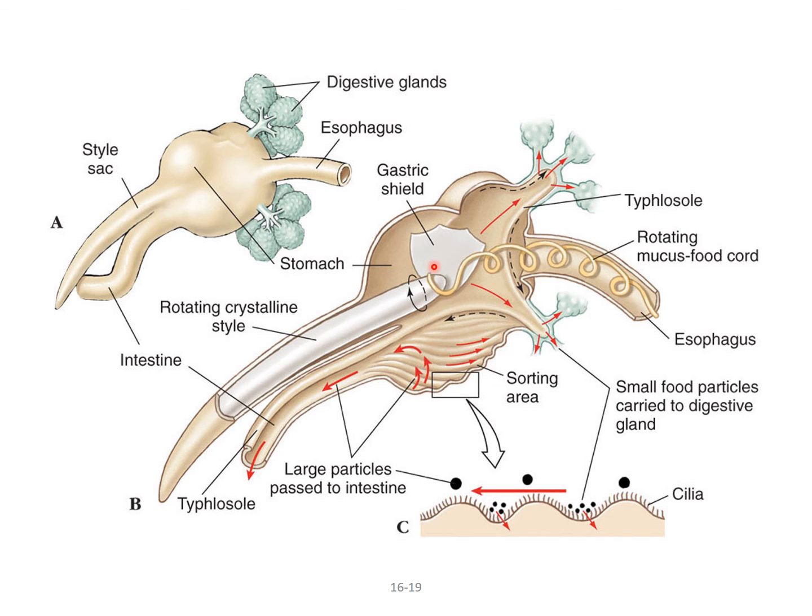Large undigestible material is sorted in this area down here of the stomach, and so the undigestible material moves along the intestine. Smaller particulate matter that is partially digested moves into these little digestive glands on the outside of the stomach for further digestion.